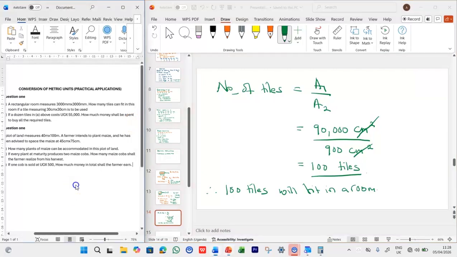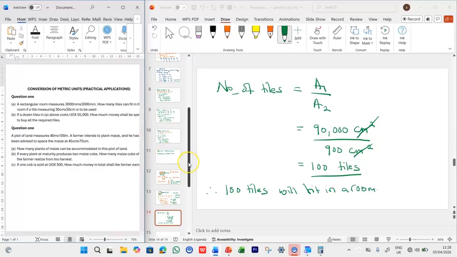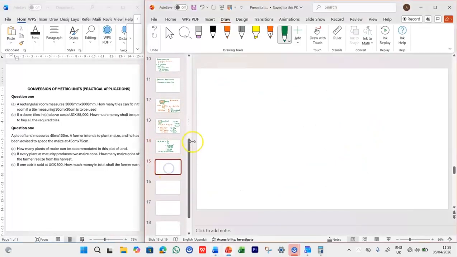Now part B says if a dozen tiles costs 55,000, okay, 1 dozen is 55,000.